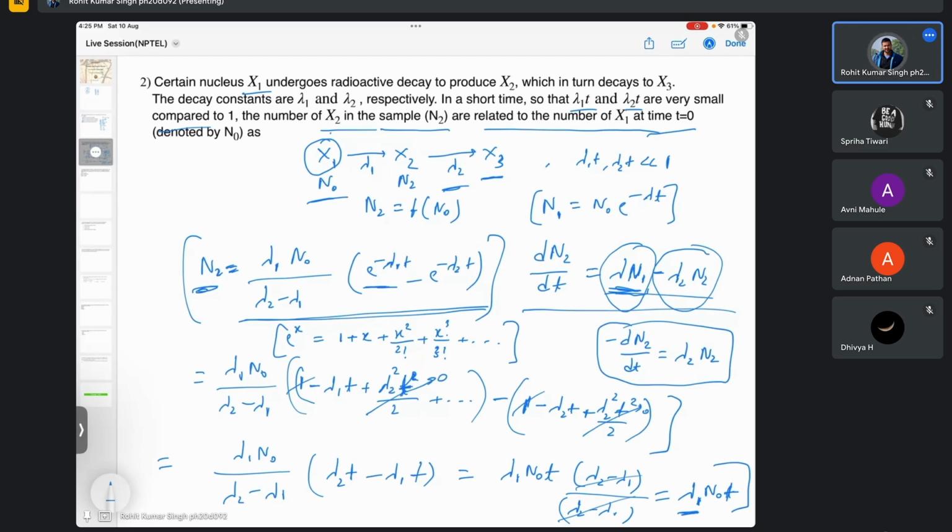But as long as the time is very short, small compared to 1, you can ignore this t square term, and you will get this expression which depends only on lambda 1. Otherwise this lambda 2 will always be there. So it's a matter of time, till what time it's negligible.